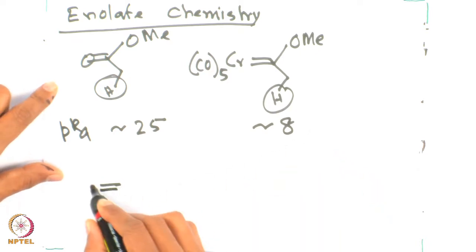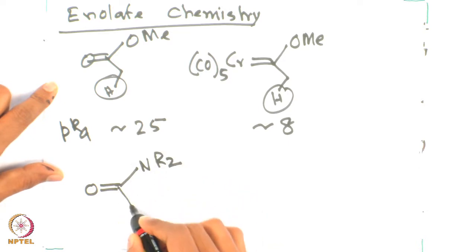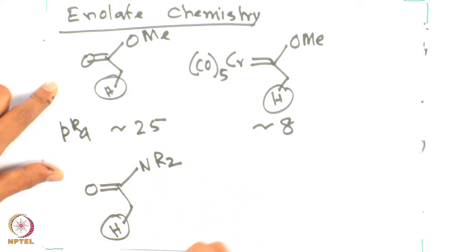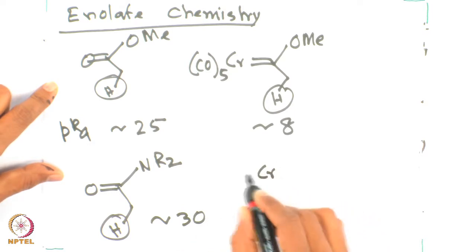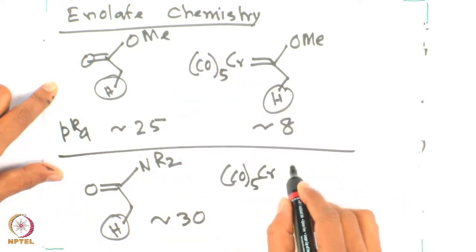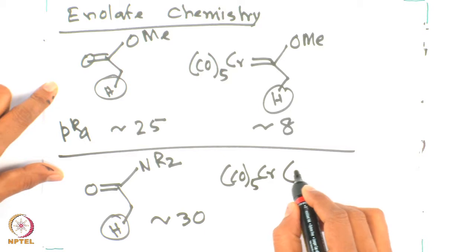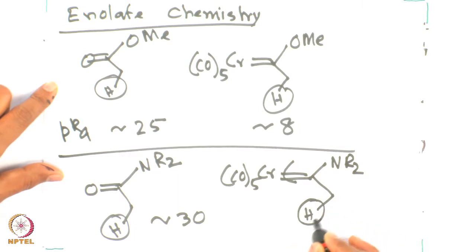If you have an amide, now of course, the acidity of this is nearly 30, pKa is 30. If you have the chromium equivalent for the same thing, now with this chromium reagent you have quite an acidic CH, this CH is nearly 20.